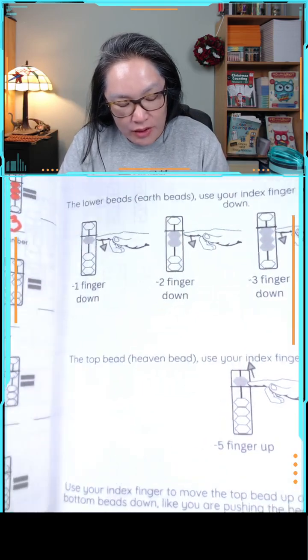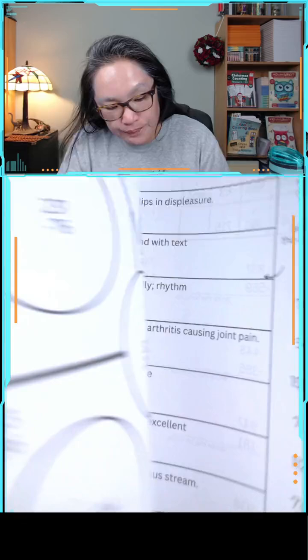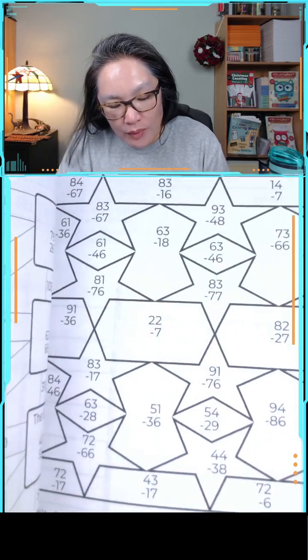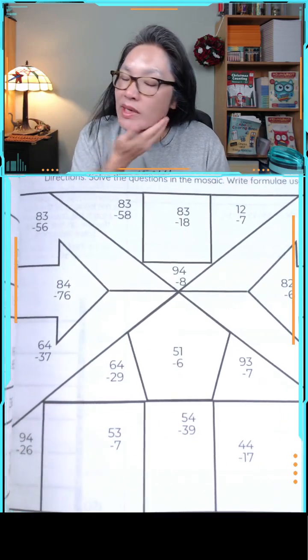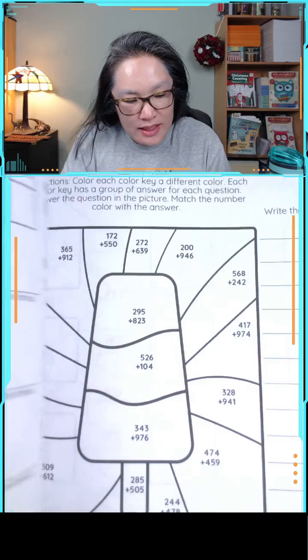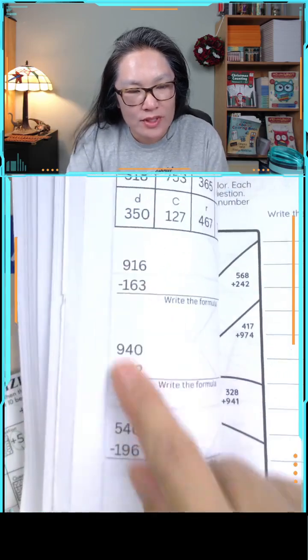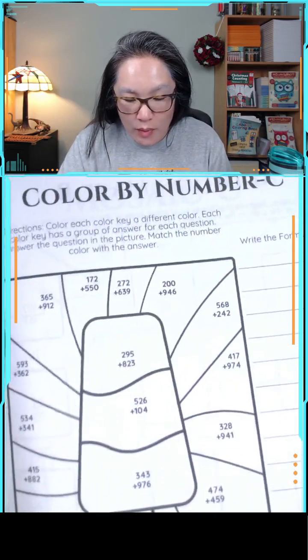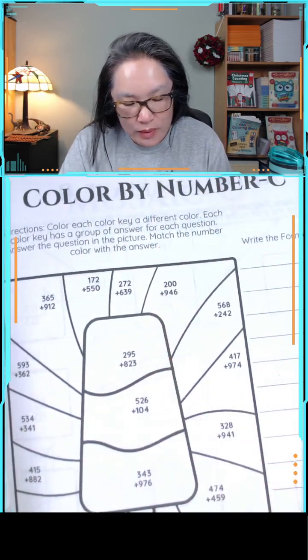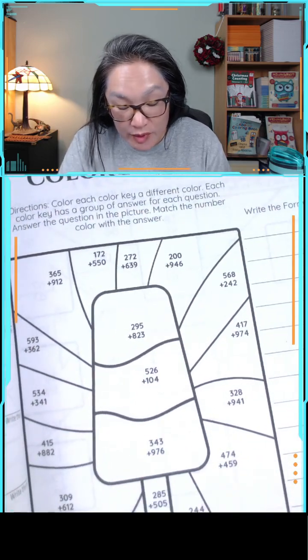I guess what I could do is just convert all my books that way. But then the problem is you don't get activities like this. I could see it for something like hidden words, but something like this would be more difficult because it would take up too much space.